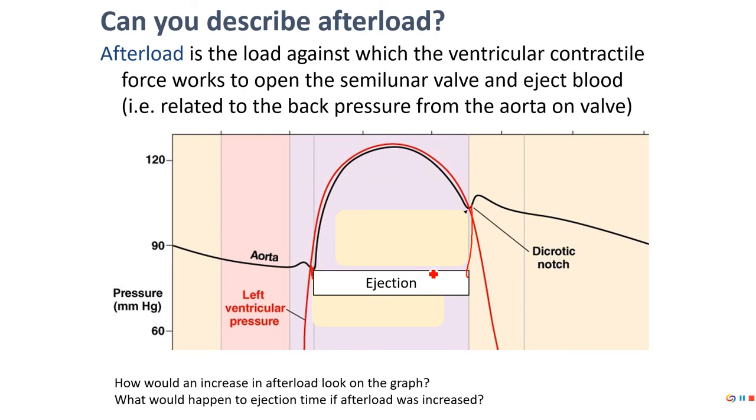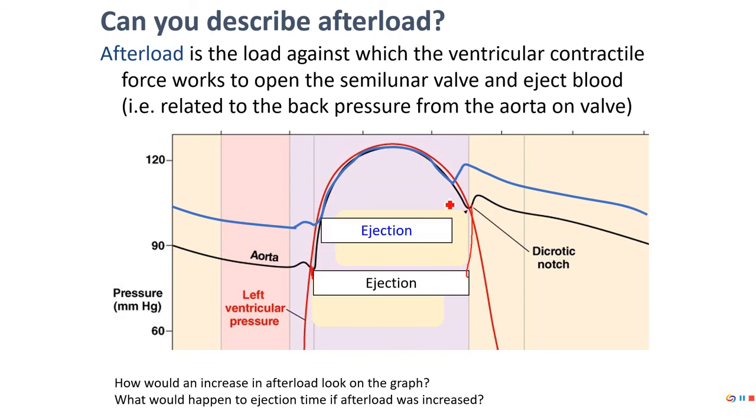All right, and so you're only going to change one of these curves, so which one is it? Well, since afterload corresponds to aortic pressure, you're going to change the black line. Okay, and if I'm going to increase afterload, that means I'm going to increase aortic pressure, so it's going to look something like this.